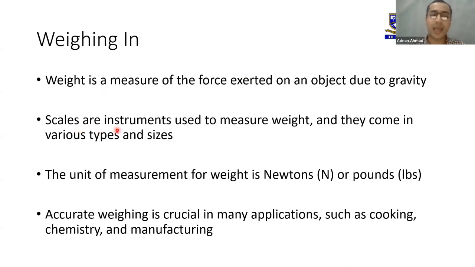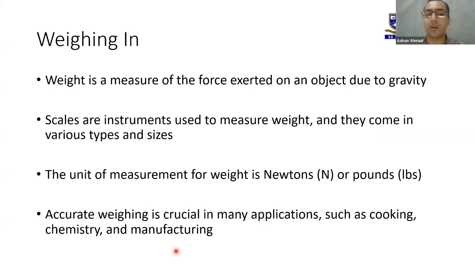So scales are instruments used to measure weight, and they come in various types and sizes. The unit of measurement for weight is newtons or pounds, and accurate weighing is crucial in many applications such as cooking, chemistry, and manufacturing. You need to know the weight of the substance.